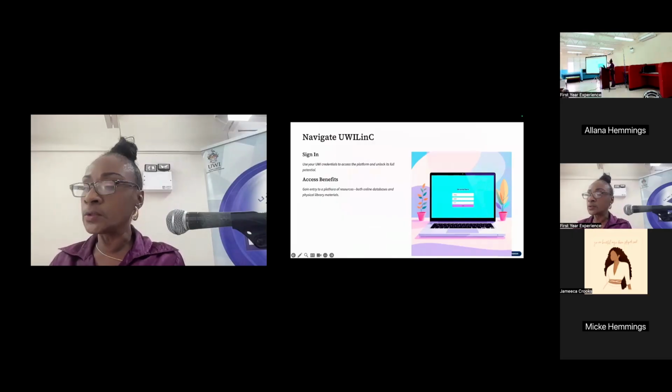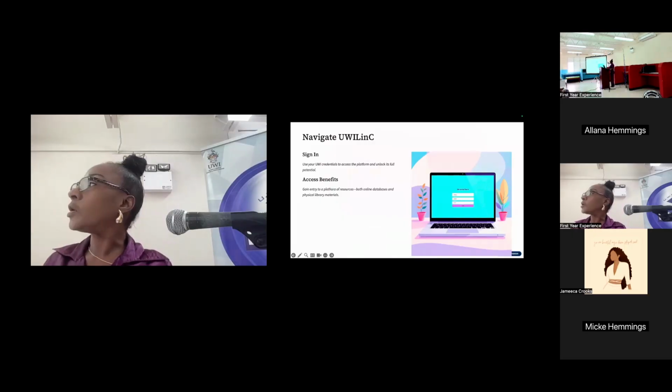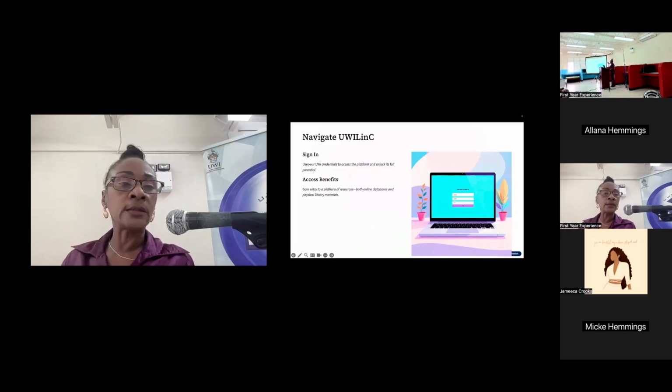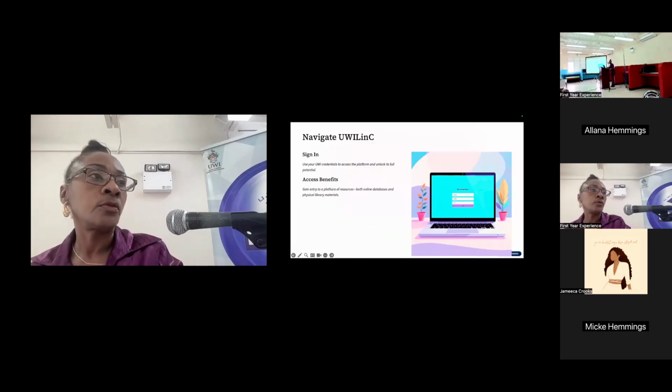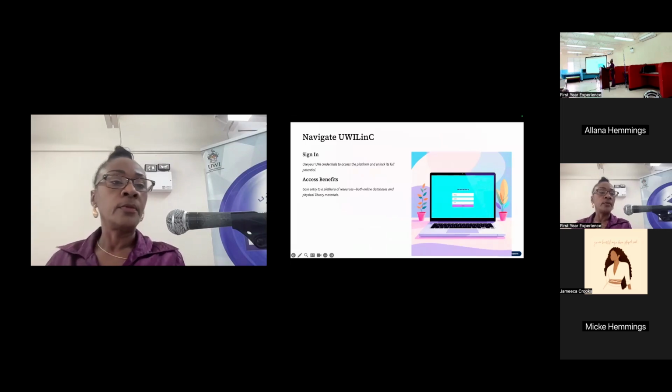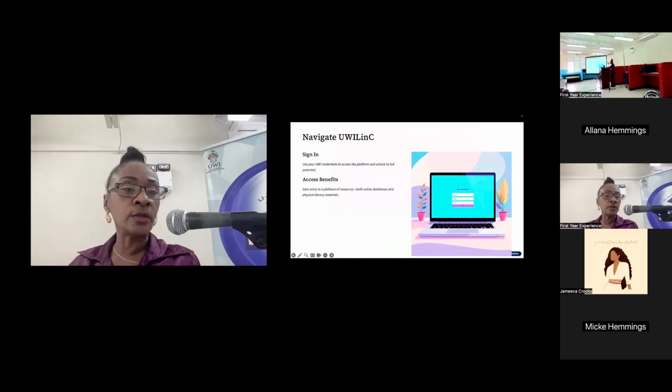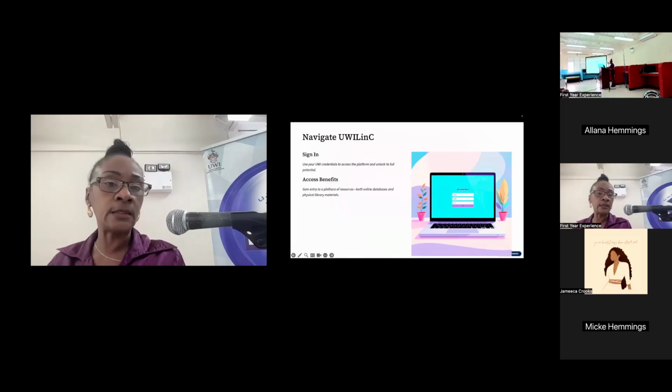You need to use your UWI credentials, your ID number and the password that you use to log into the VLE platform. There are benefits to using UWILINC, especially when you sign in. You gain entry to a plethora of resources, both online and databases, and physical materials in the library.